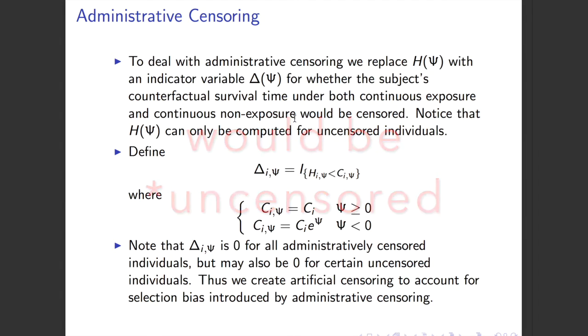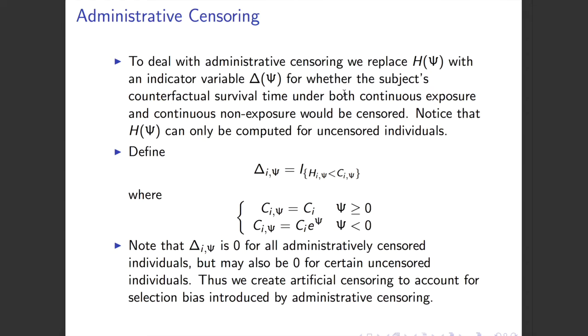If this delta psi is 1, then the subject is uncensored under treated throughout and non-treated throughout. And if it's 0, then any one of their counterfactual outcomes would be censored, even if we did observe their actual outcome.